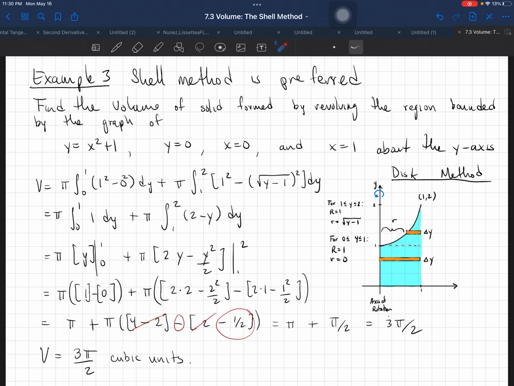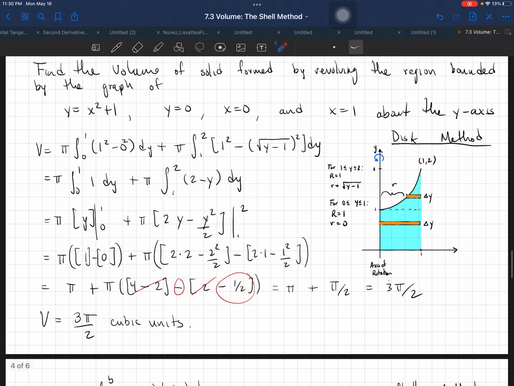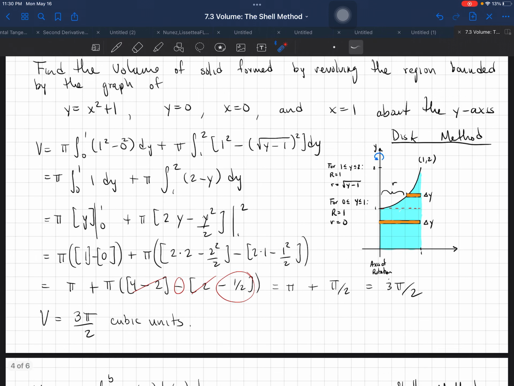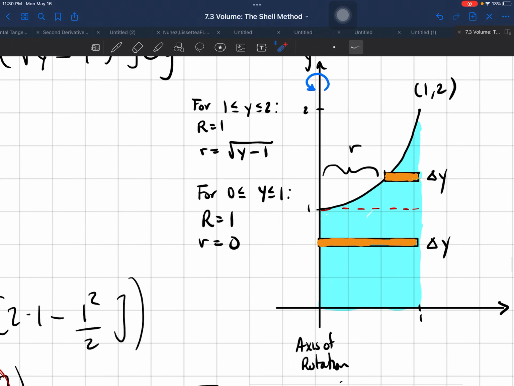All right, so we're going to approach this using the disk method, and we'll compare at the end of the day which one was more practical. For us to do the disk method in this case, the rectangle is going to be perpendicular to the axis of rotation. You can see how they're perpendicular.